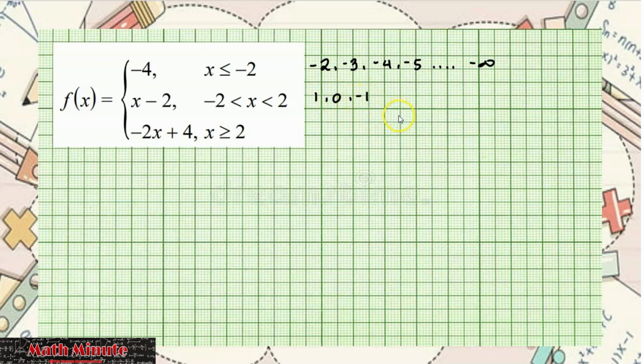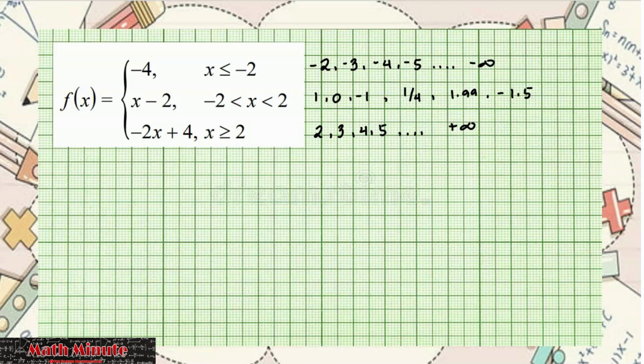Take note, decimals will also be included here, such as 1/4, 1.99, negative 1.5, as long as you don't reach negative 2 and positive 2. And lastly, when the value of your x is greater than or equal to 2, positive 2 is included here, and the values are increasing. So that would be 2, 3, 4, 5, and so on and so forth until you reach positive infinity.